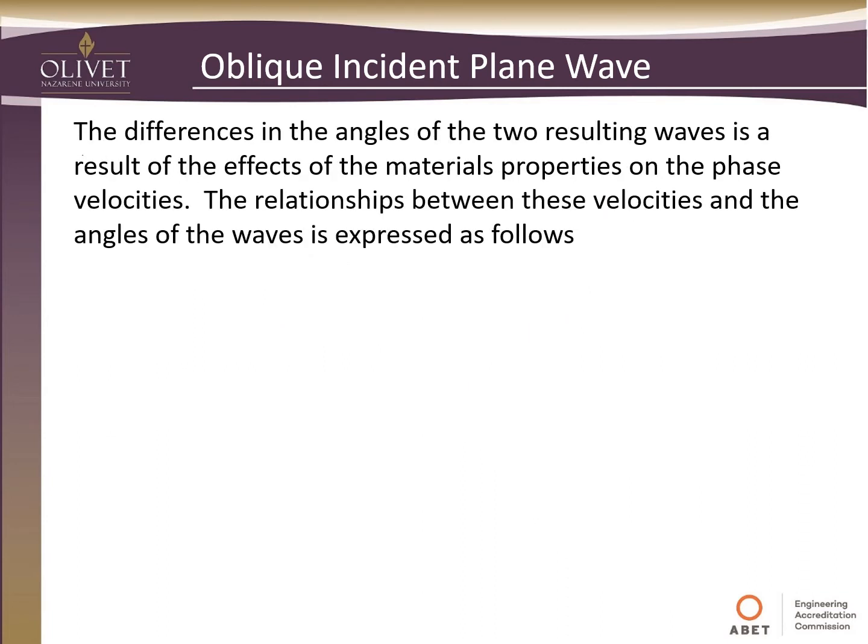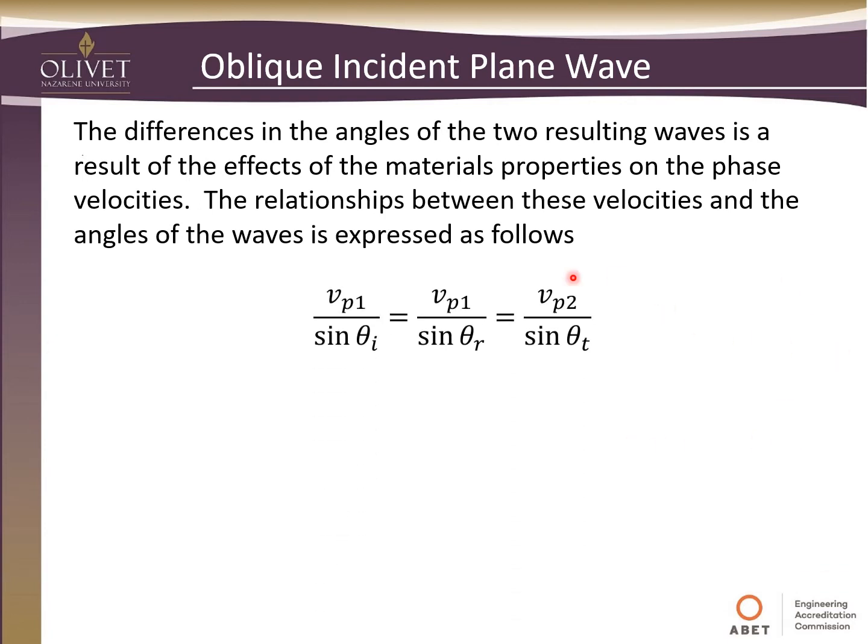The difference in the angles of the two resulting waves is a result of the effects of the material properties on the phase velocities. The relationship between these velocities and the angles of the waves that we just looked at in the previous graph are governed by these equations.